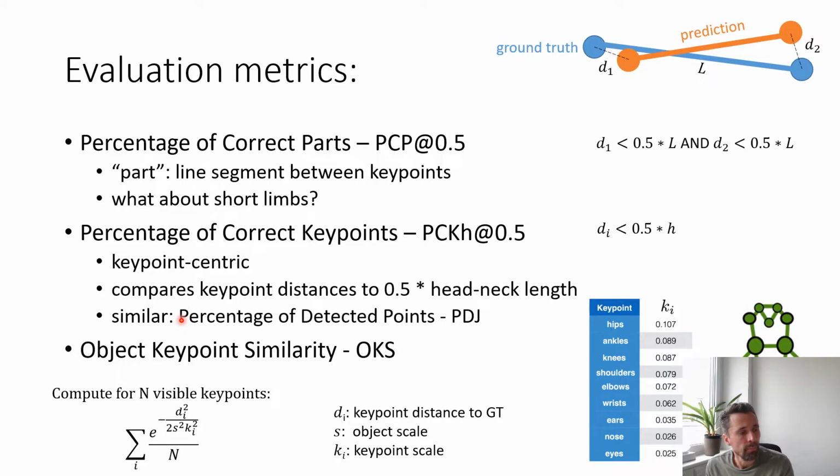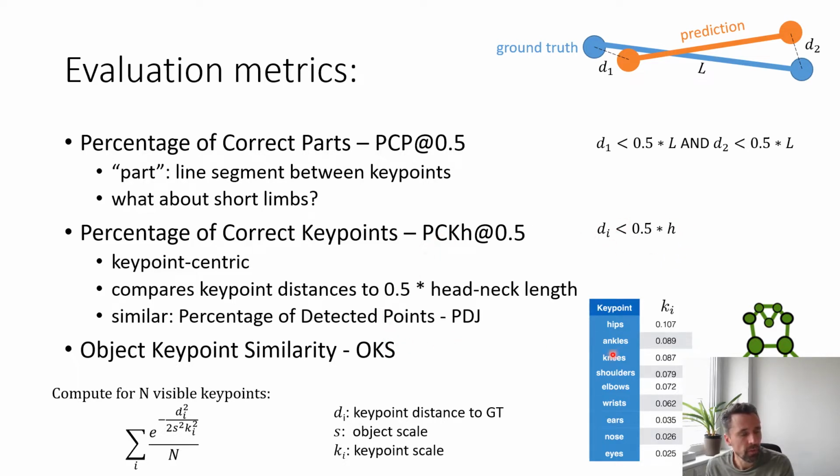Now, these are binary decisions, and then you just count how many, and then you divide by the total number of possible matches, and then you have your percentage.